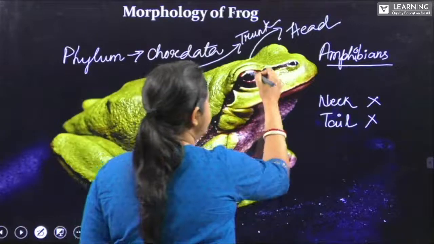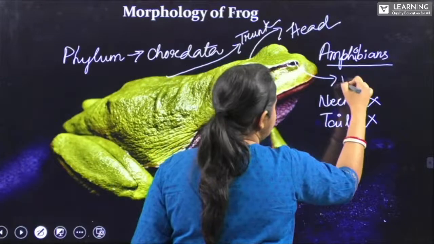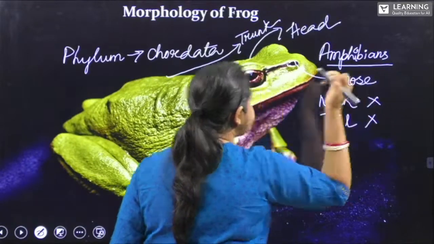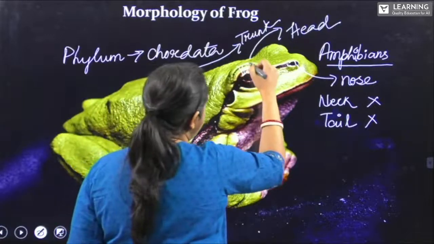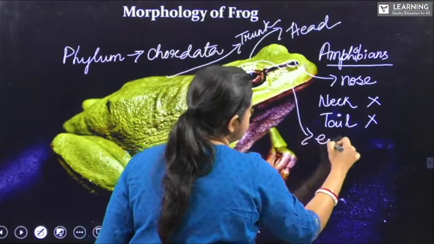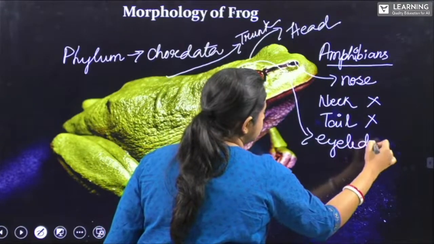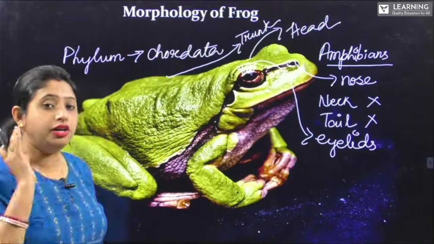And they have eyes, as you can see, right? They have a nose, nostrils, and they have eyelids on top of the eyes. Now how do they listen? They do not have ears like us.